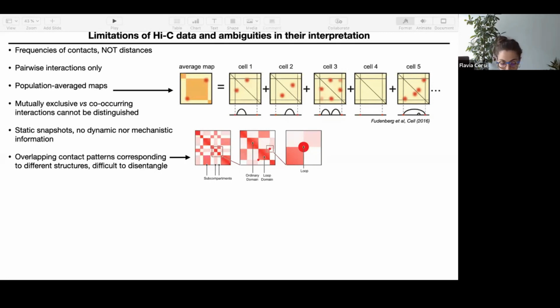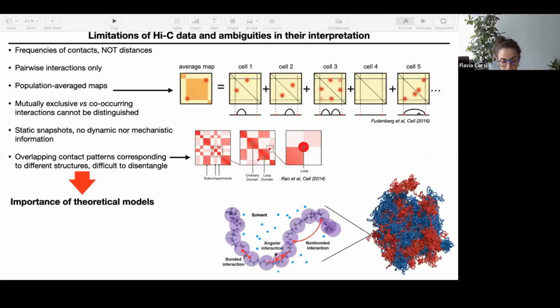Moreover, they are a static snapshot of an average population of cells, so they cannot provide direct dynamic or mechanistic information about the system, that is, which mechanisms can lead the system to such a conformation. That's why developing theoretical models is so important.